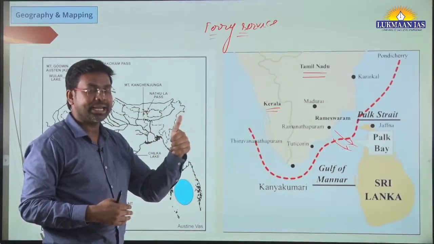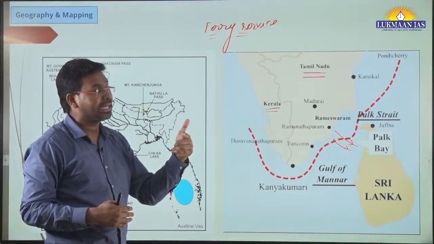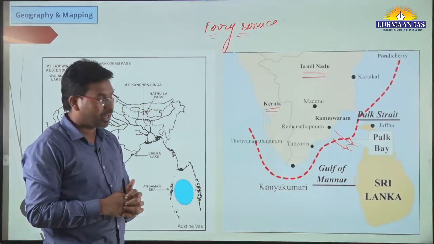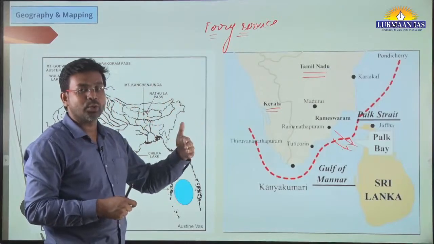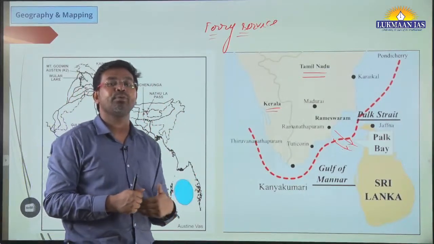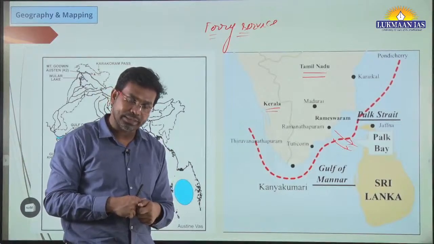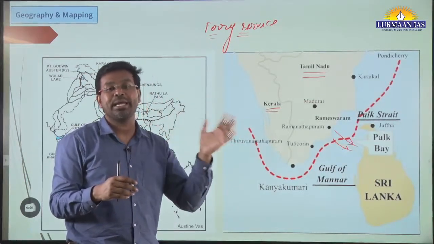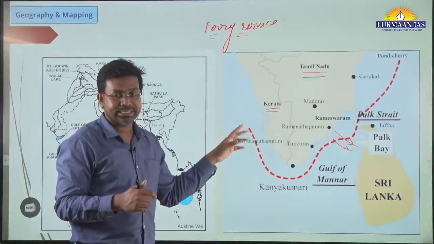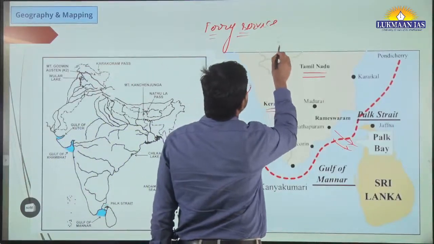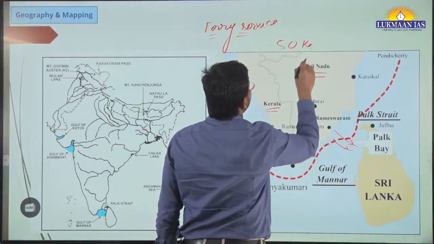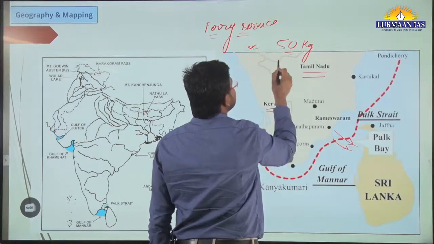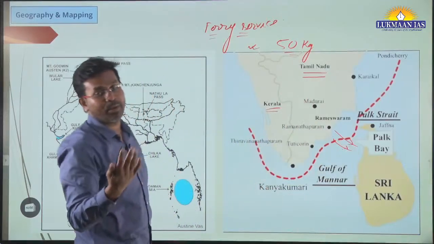They can either reduce the cost or allow customers to carry more baggage. Through the air route, people generally can carry up to 15 kg of luggage, right? And if they want to carry more luggage, they need to pay extra. But if the ferry service allows, let's say, 50 kg of goods to be taken by travelers, in that case the ferry service may start getting popular.